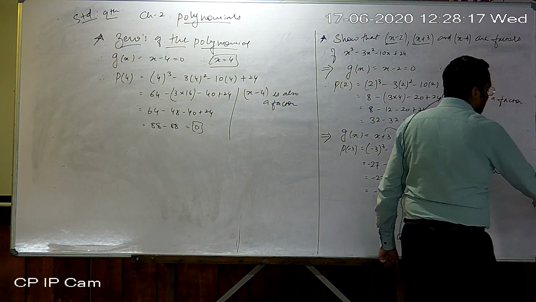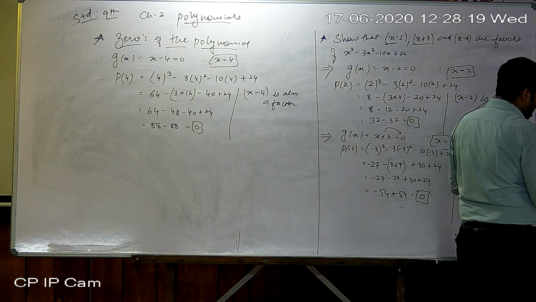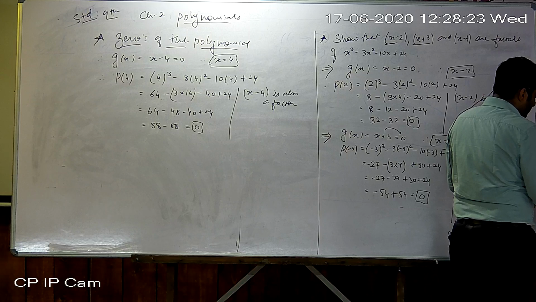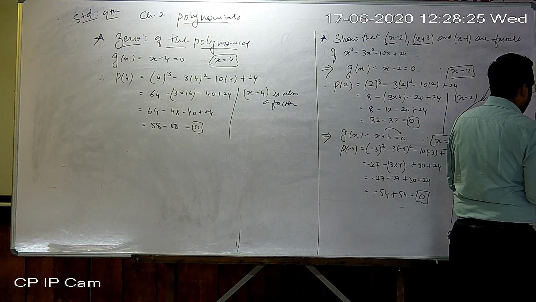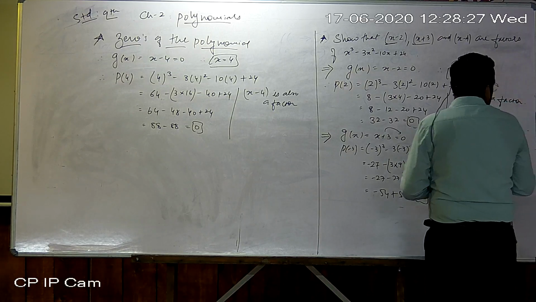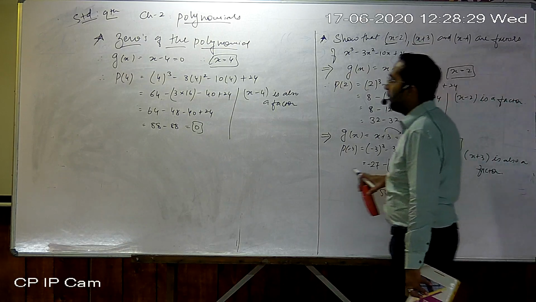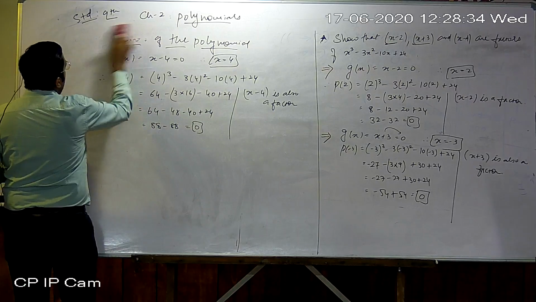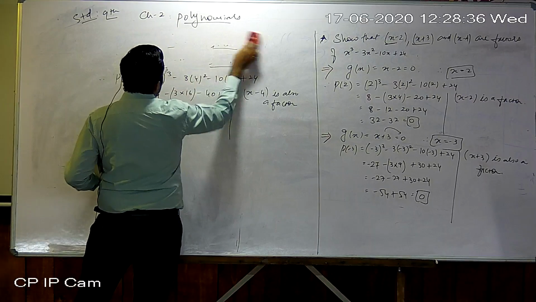If any of these zeros are not given, then what can we do?